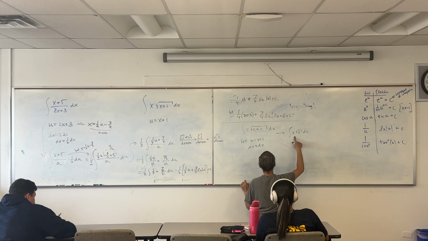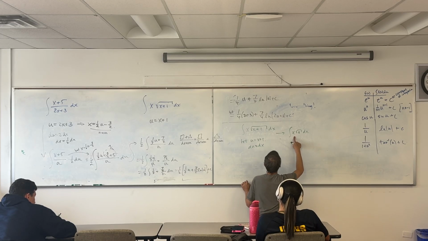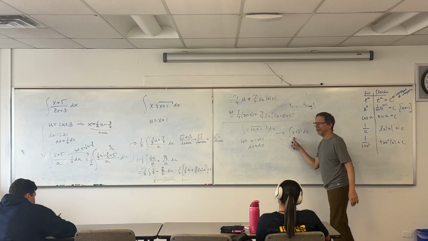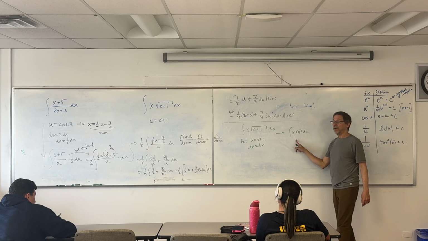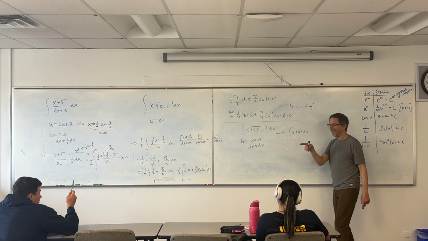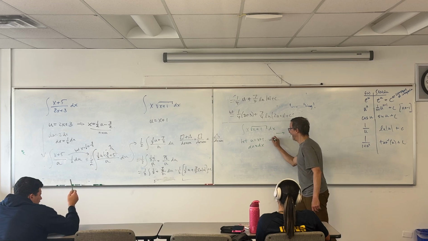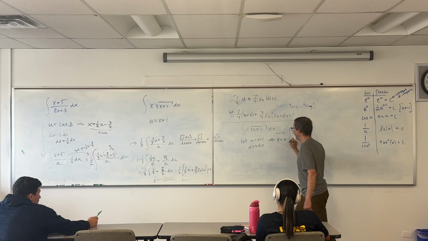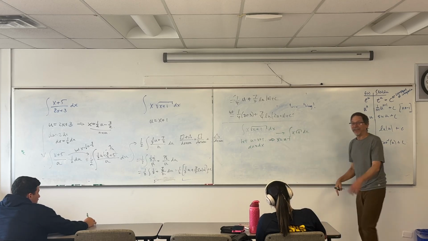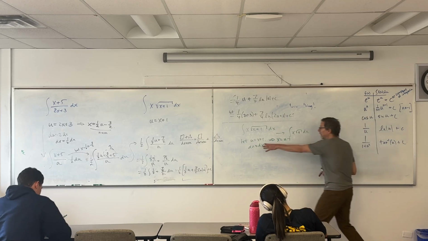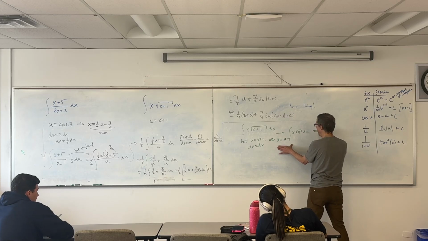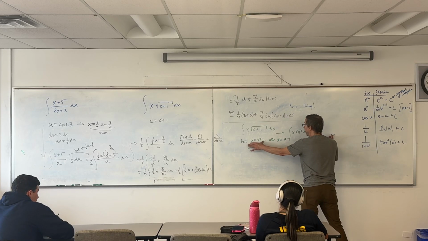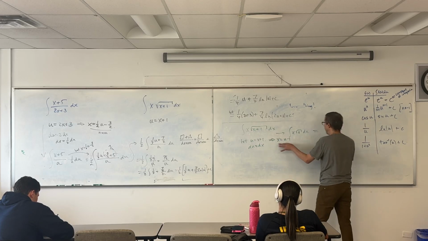Can't have mixed variables. How could I get rid of this x and make it into a u thing? x equals u minus 1, yes. That's the right idea. So same game as this other one, sub this back out. You use both forms of the substitution, for the u here, and then for the x here.